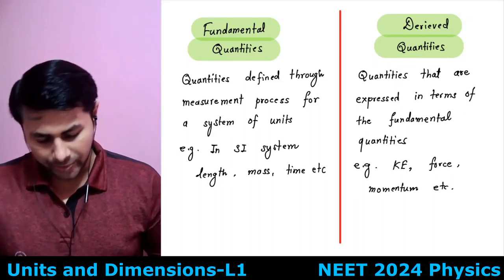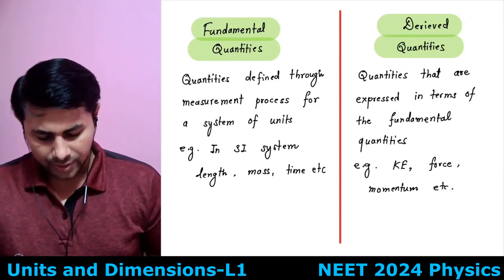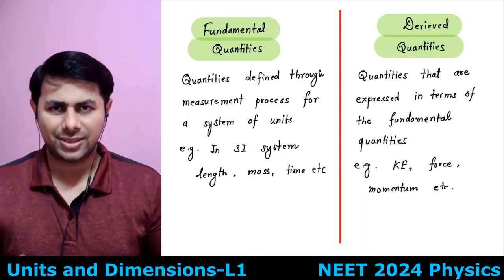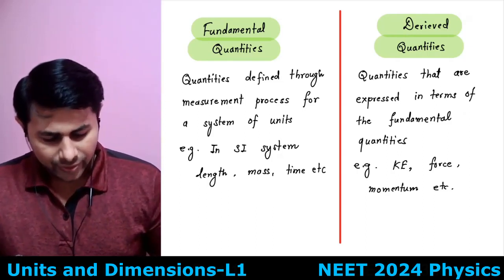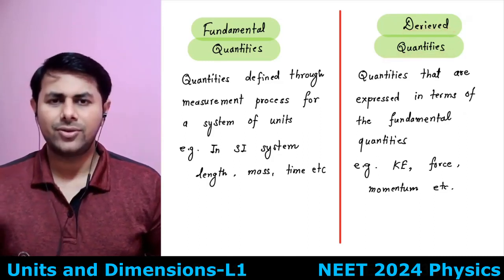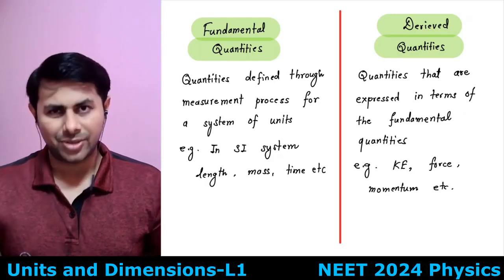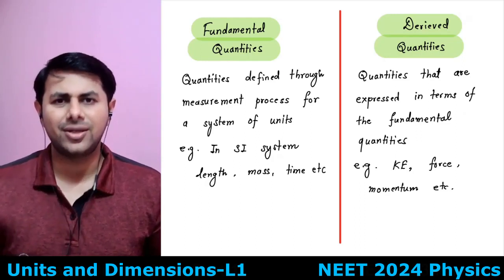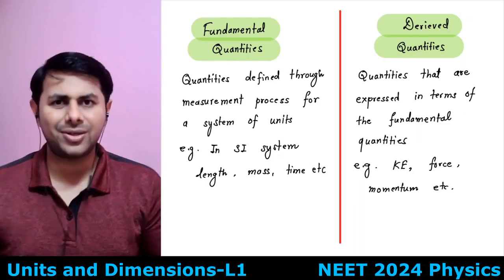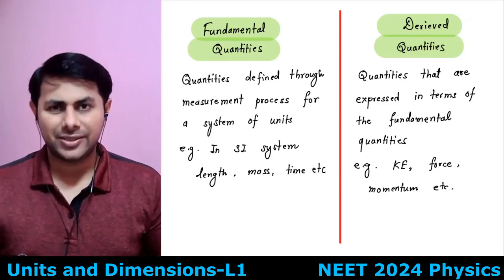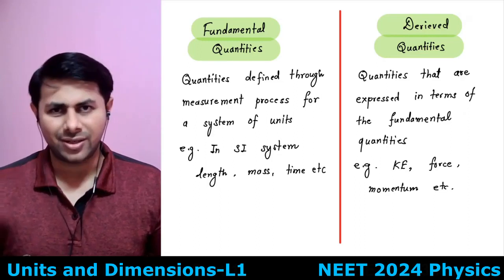For fundamental quantities, you define their units using measurement; you actually measure them. And what are derived quantities? Derived quantities are those whose units depend upon the fundamental quantities. These are the quantities which depend on the fundamental quantities for their measurement, so they are expressed in terms of the fundamental quantities.